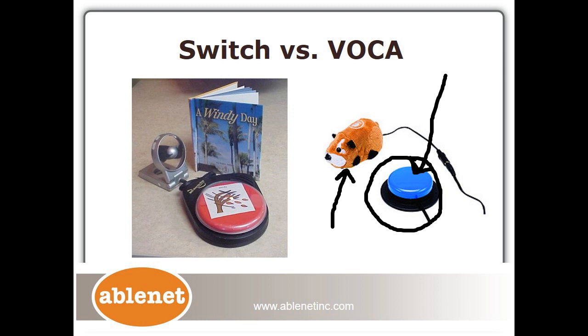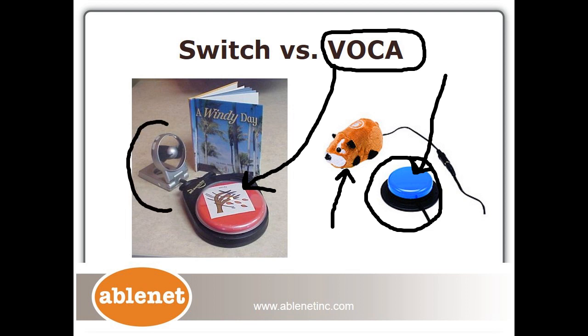We also, most folks will talk about voice output communication aids. That's what VOCA stands for, and that's what this is here. This is a big step-by-step that I'm drawing an arrow to. That will speak. When you record messages into it, when you touch the top, it's going to speak. That will operate a battery toy or appliance if it's plugged in.